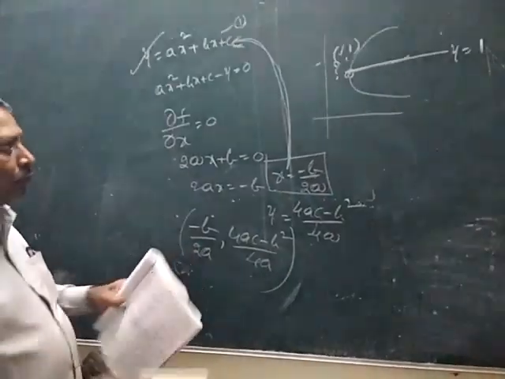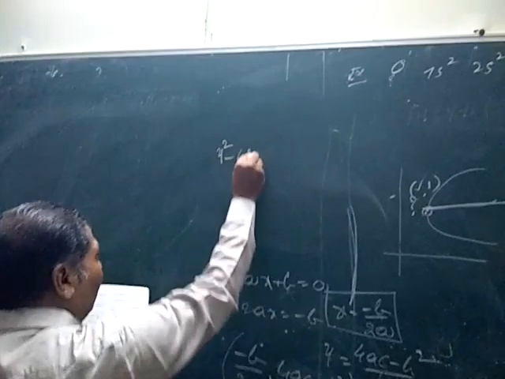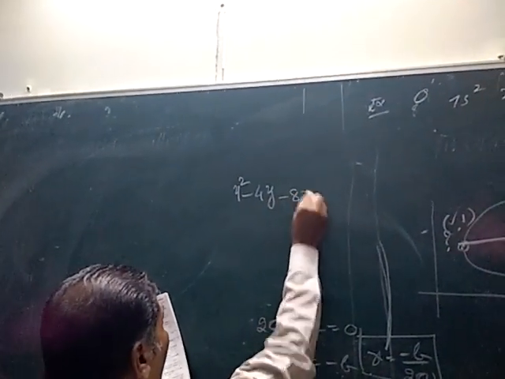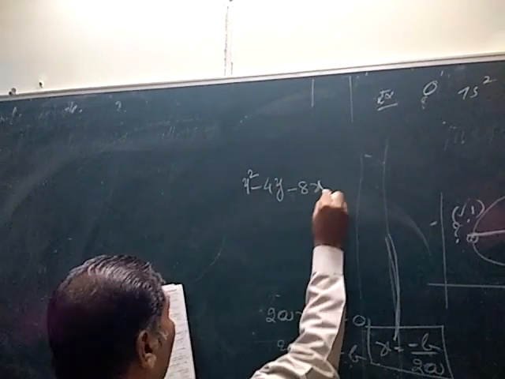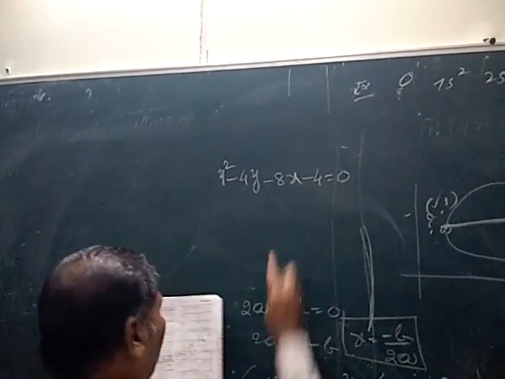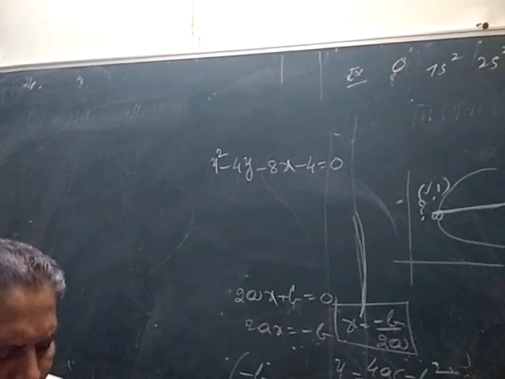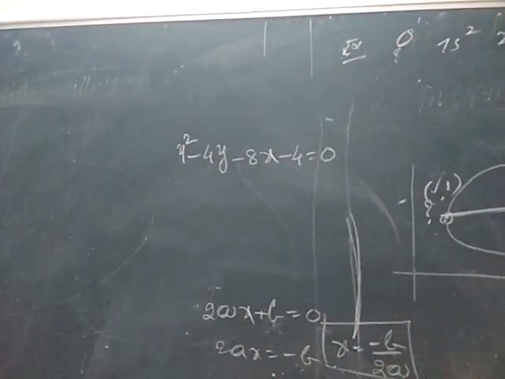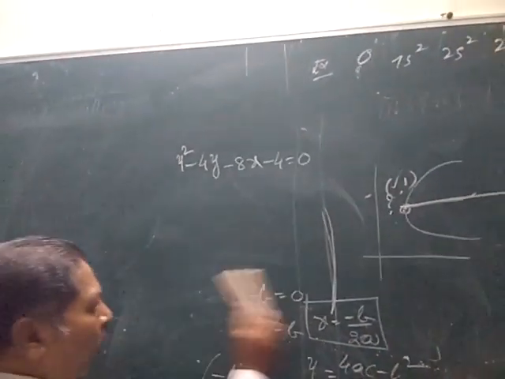Next, minus 4y minus 8x minus 4 equal to 0. Find the focus.